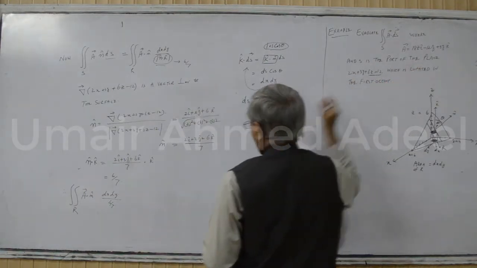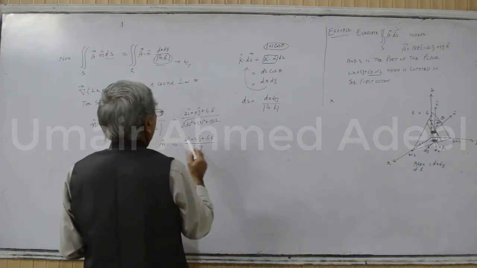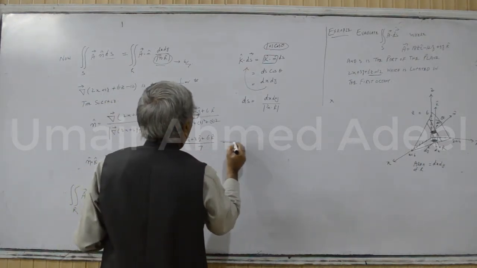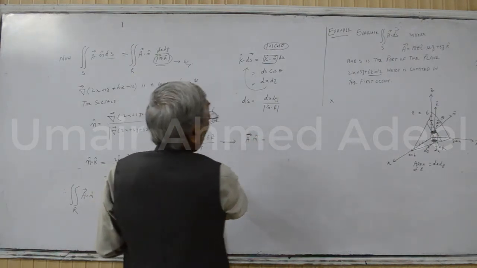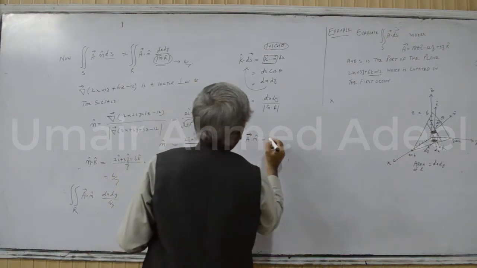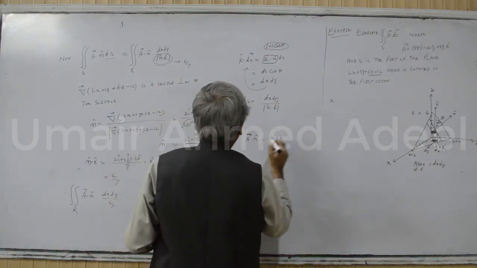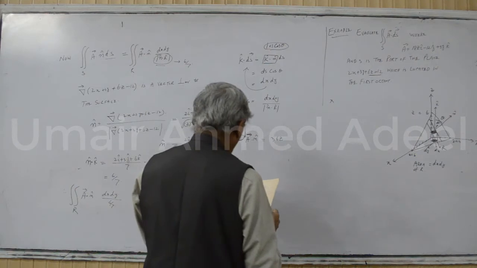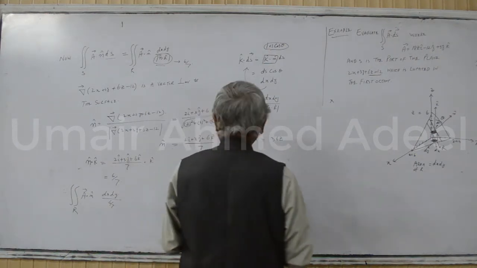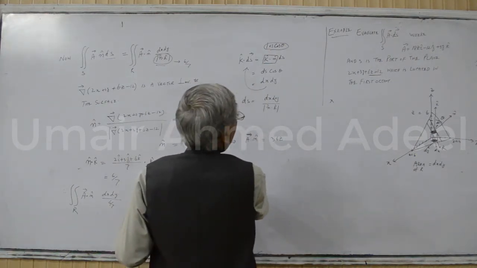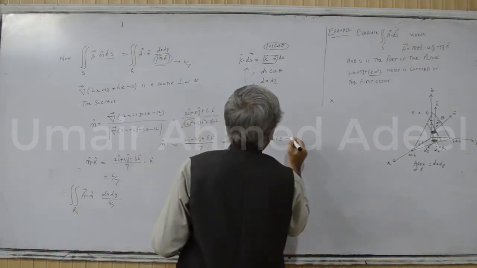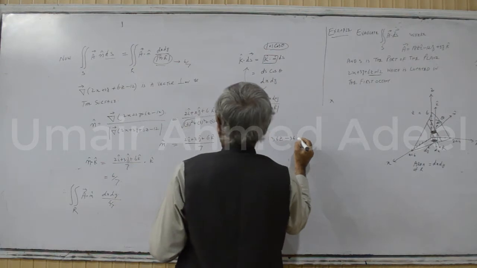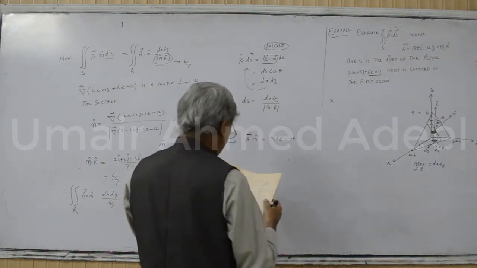18z i, and this is 2i. So a dot n will be equal to 2 into 18 is 36z, i dot i is 1. All right, then this is 3 into minus 12, j dot j is 1.